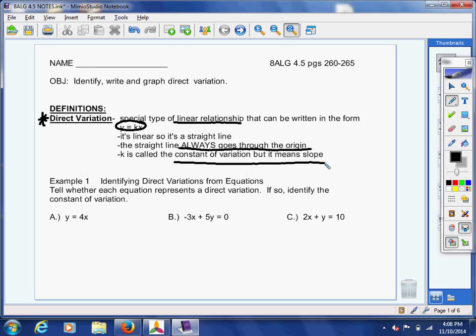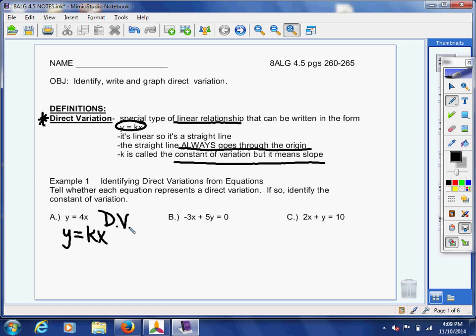Y equals 4x. Now, the first thing I want you to notice is, does it look like y equals kx? Is it in the same format as that direct variation equation? And hopefully you're thinking to yourself, why, yes, it does. So this is definitely a yes. This is a direct variation.